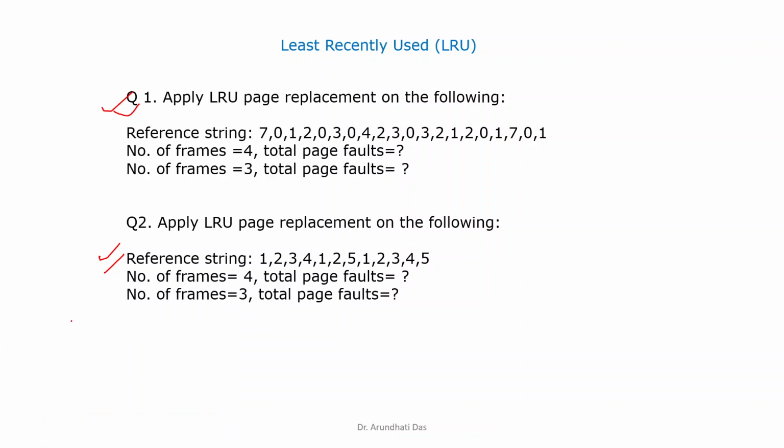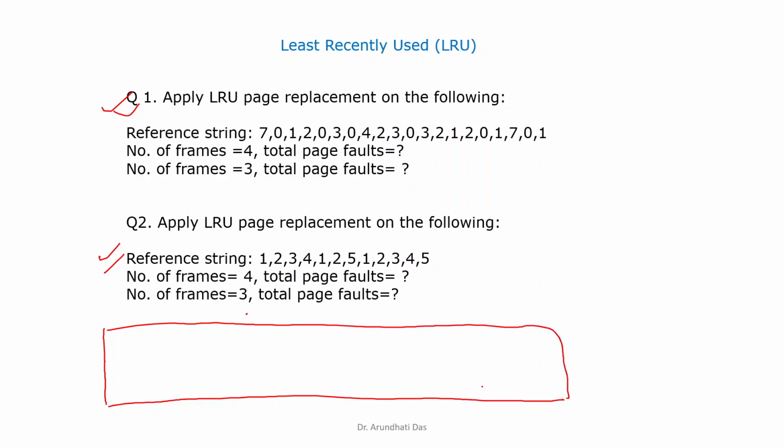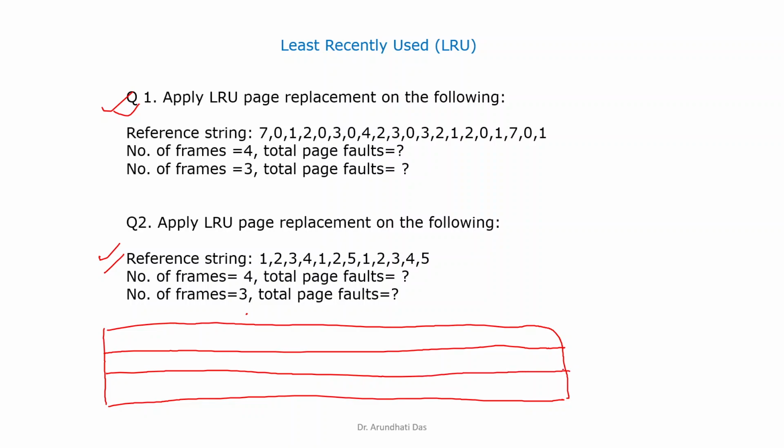So here, when the number of frames is 4, the frames are frame number 1, frame number 2, frame number 3, frame number 4.